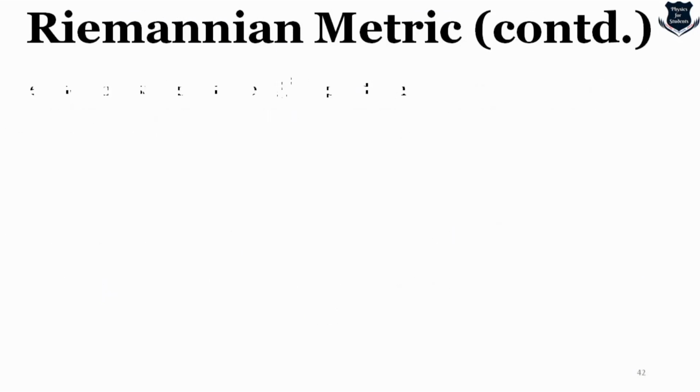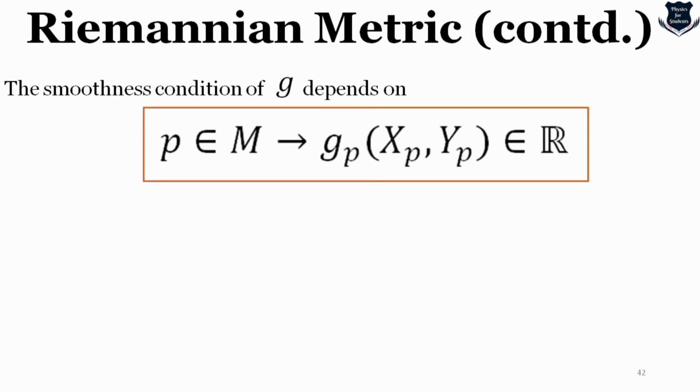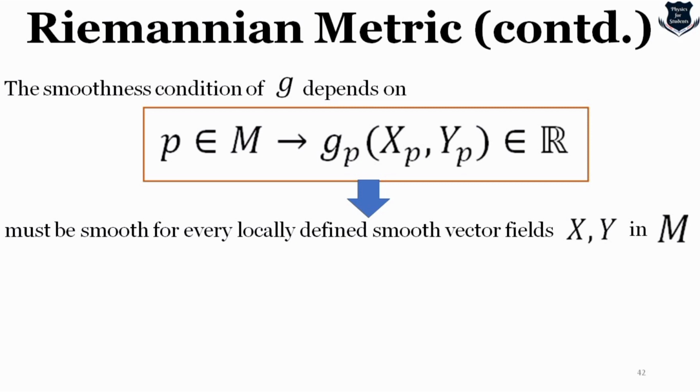Okay, so we further go into the Riemannian metric and we understand the smoothness of this. The g actually depends on this, right? So it must be smooth for every locally defined smooth vector fields X and Y in M. So here it is, it must be smooth.